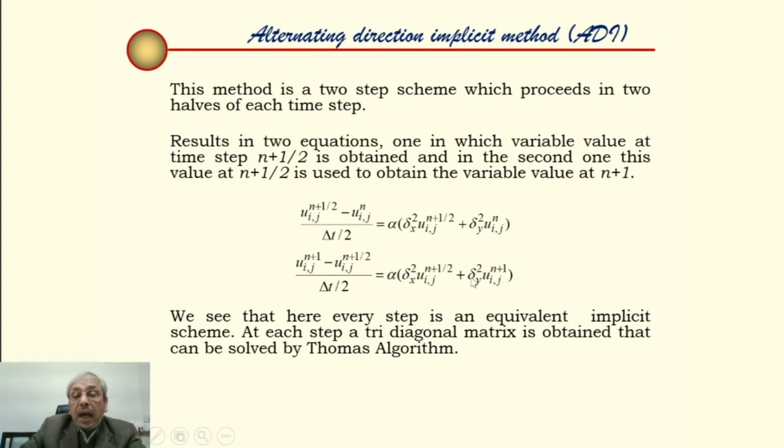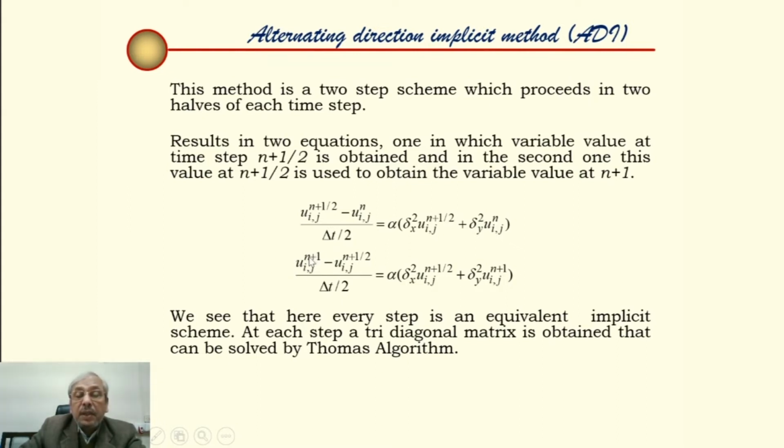But we write again the dependent variable at n plus 1th level, which is unknown in the second step. And this is again a central differencing operator in y direction, but the dependent variables are written at n plus 1th level, which is unknown. And on the left hand side we can see the dependent variable is unknown at n plus 1th level.